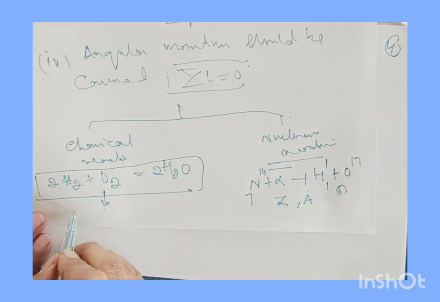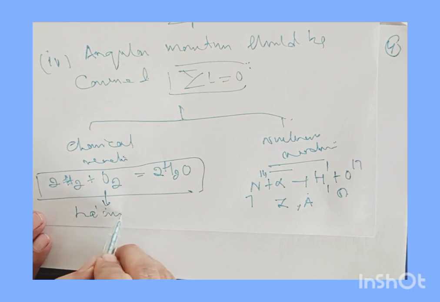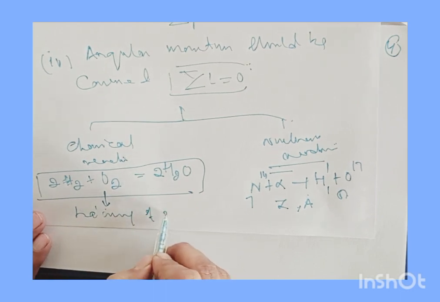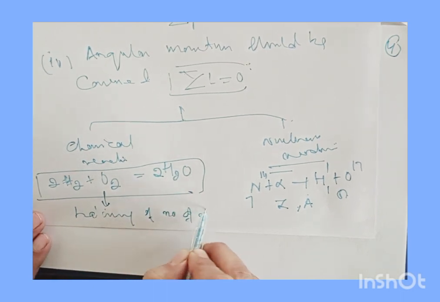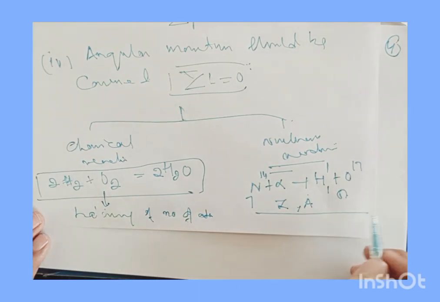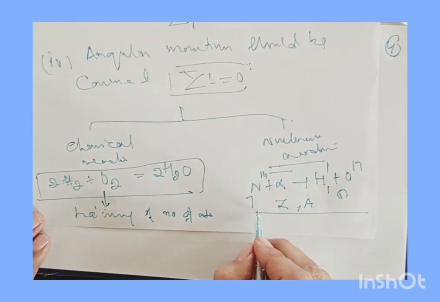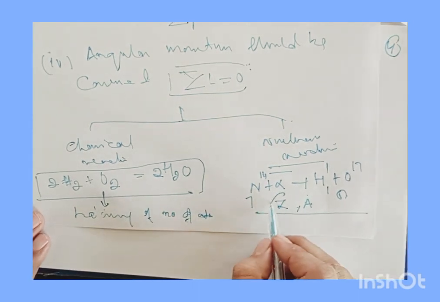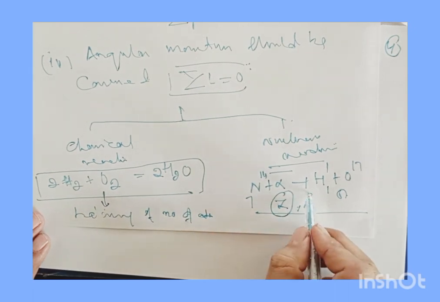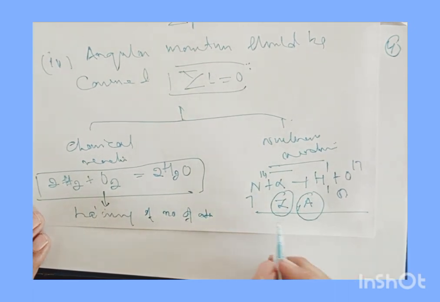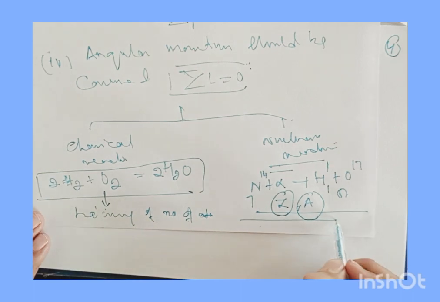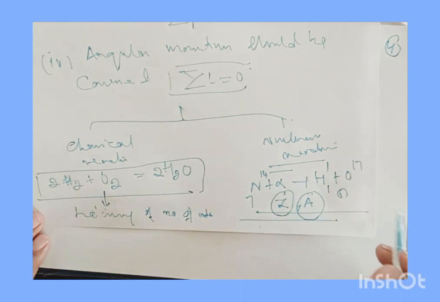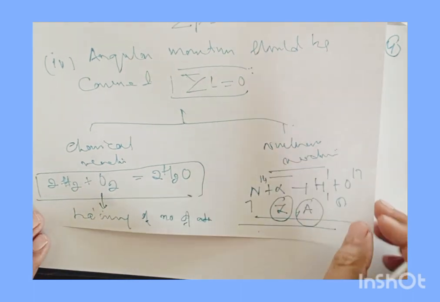So here we have the balancing of number of atoms. Here we don't have balancing of number of atoms. We have the atomic number should be conserved and mass number should be conserved. So there has to be a balance of atomic number in the overall reaction and a balance of mass number in the overall reaction.